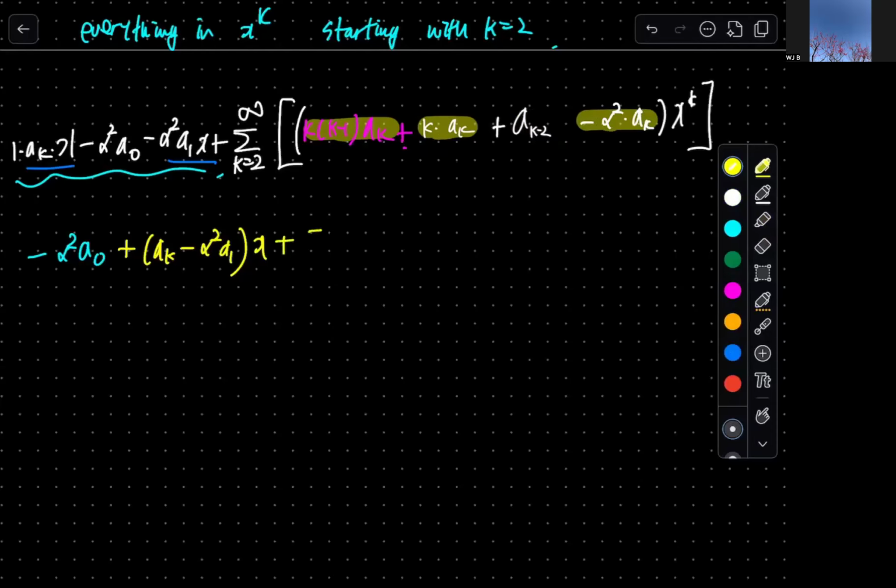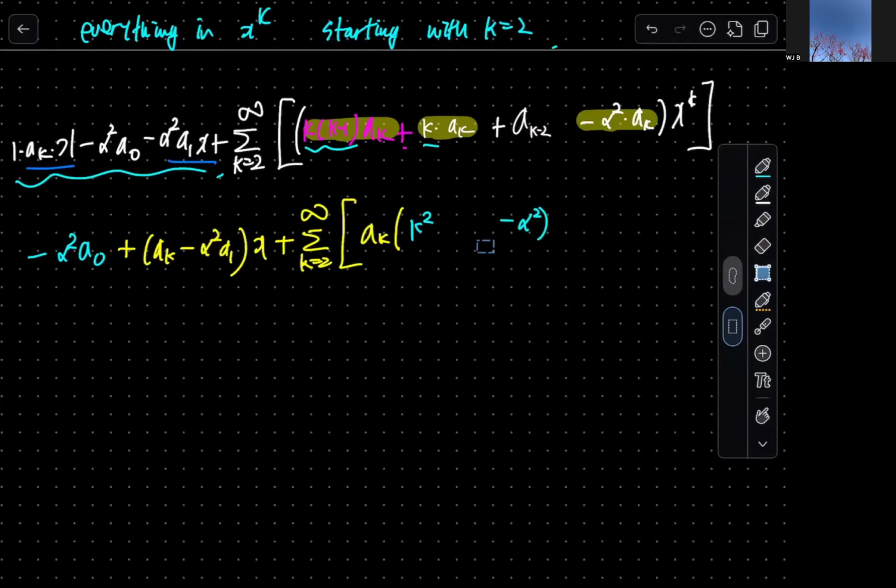So I have a sigma k is equal to 2 to infinity, okay? And if you factorize by ak, then what you get here is k squared minus k, that's just expanding this term, plus k minus alpha squared. Okay, so k cancels out. And I've got the minus alpha squared ak, that's great. Plus ak minus 2 will be the coefficient for the x to the power of k within this sigma. And they tell me it is equal to 0.